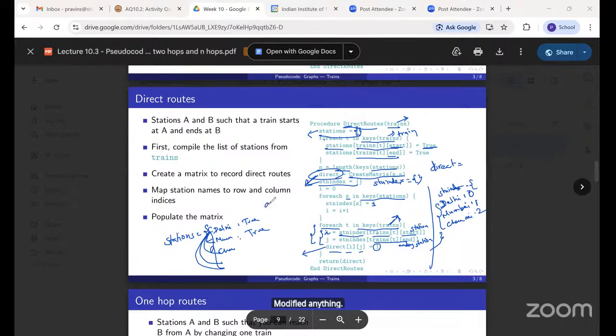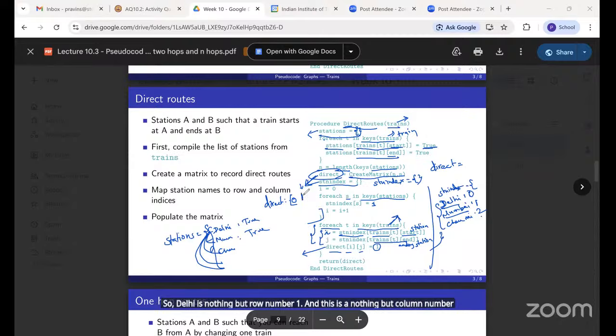So in the direct dictionary, what will you have? This 0, 1, 2 represents the row and column number. For example, if Delhi and Mumbai have a direct connection, then Delhi is row number 1 and this is column number 1.